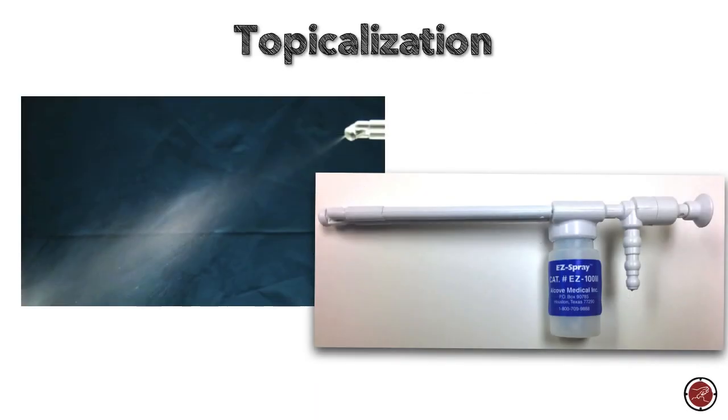A piece about topicalization. This is the device that we use. So it's not about having the right drug, too. It's about having the right gear to deliver that drug. This is an atomizer that gives you a controlled release when you depress the proximal portion with your thumb. It's hooked up to 8 liters of air or oxygen, and it's got a directionable tip.